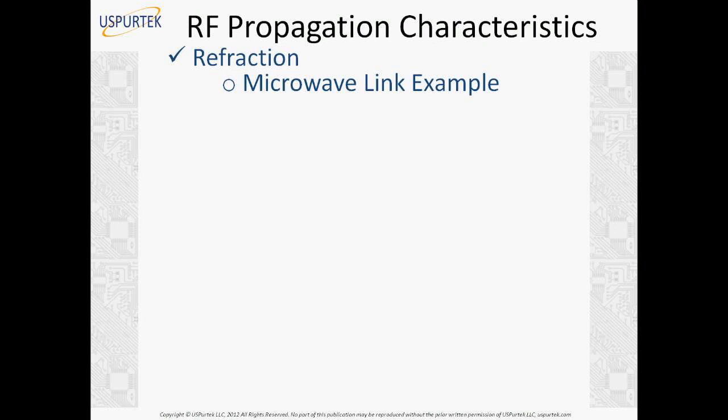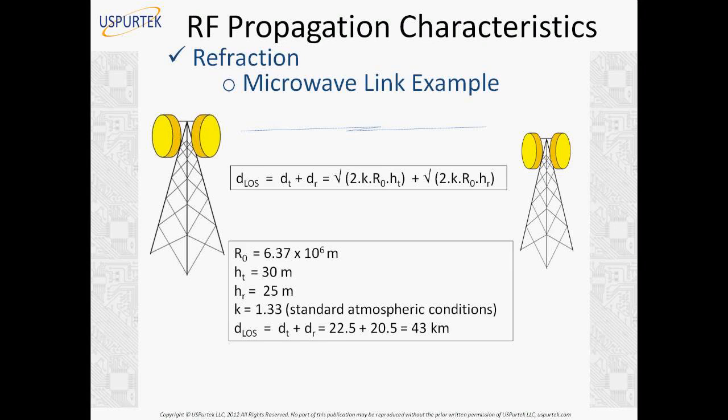Well, let's take a microwave link example, because troposphere refraction has more use there for tower-to-tower communication. So here we take the value of the Earth's real radius R0, and HT is 30 meters, the height of the transmitting microwave tower, and HR is the receiving one, the other side, 25 meters. And K, we take as 1.33.